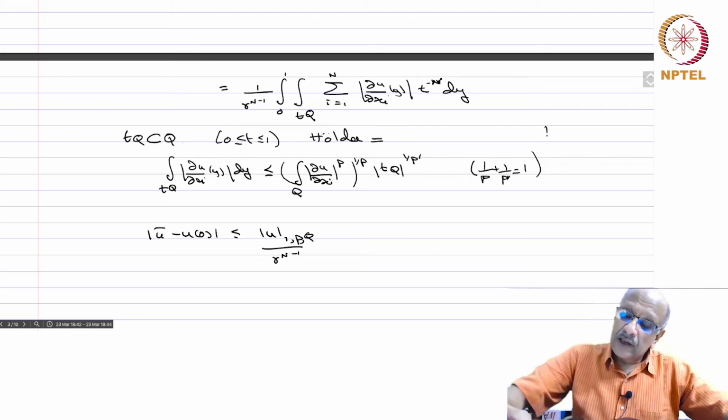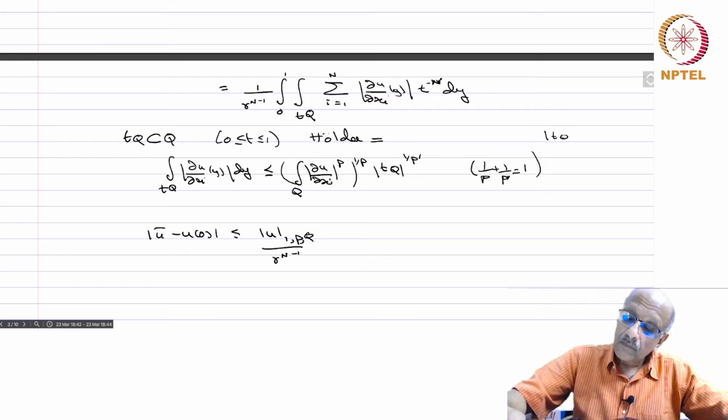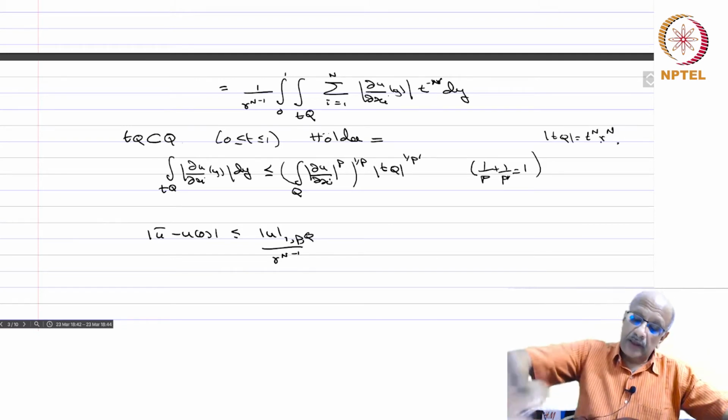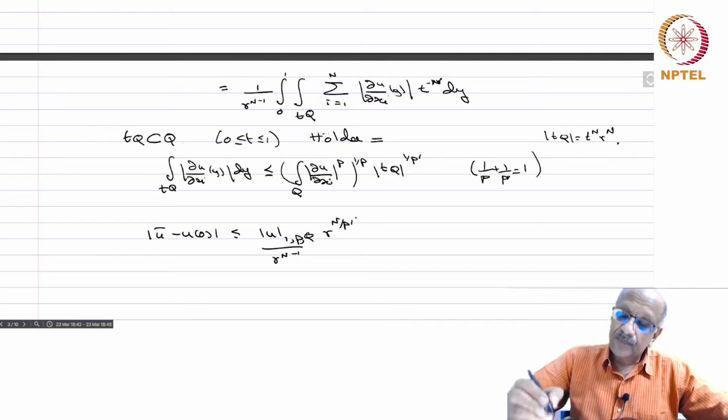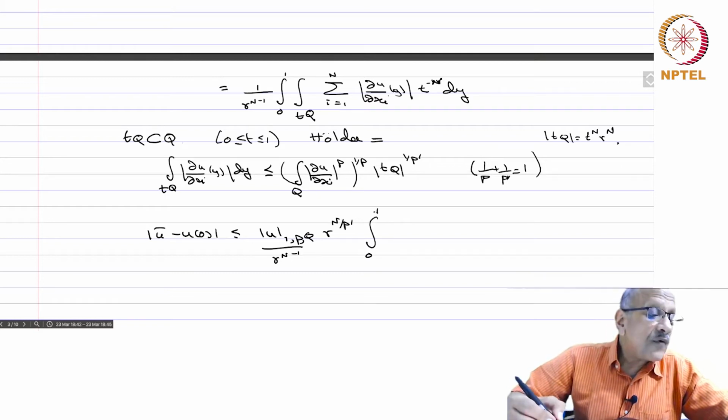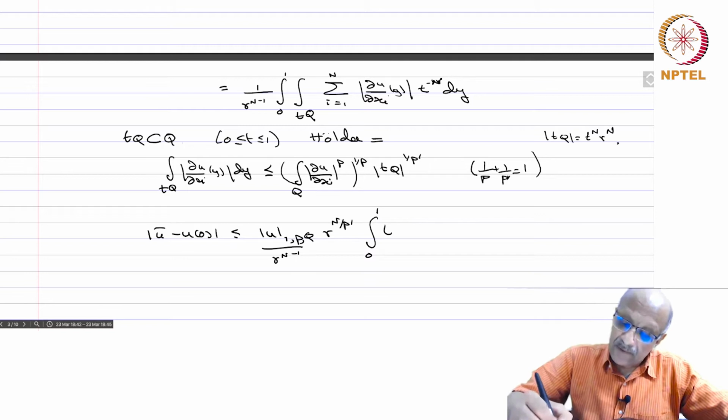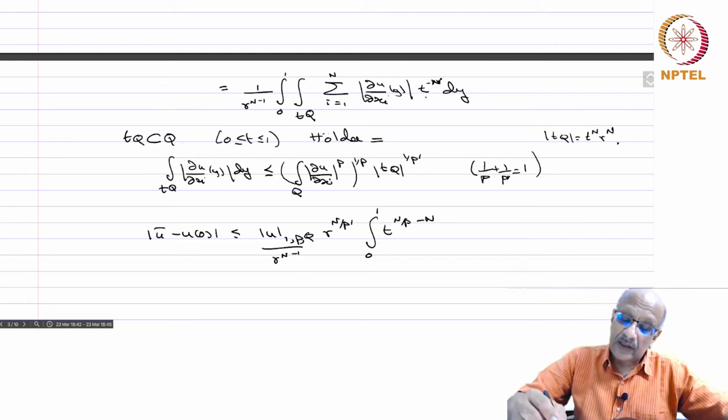So mod of tQ equals t power n r power n, and then I am going to take 1 by p prime of that, so r power n by p prime will come there, and then integral 0 to 1 of dt will be t power n by p, minus n, because there is a t power minus n already.